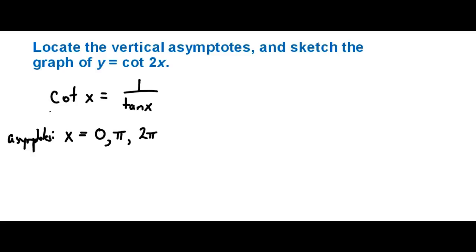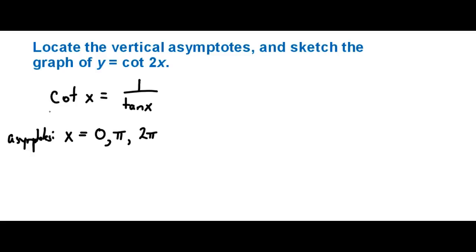So then when we're looking at cotangent of 2x, we're looking at something that's being compressed horizontally. So we're looking at where cotangent of 2x would have asymptotes.